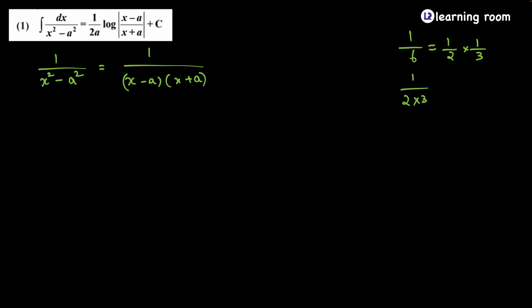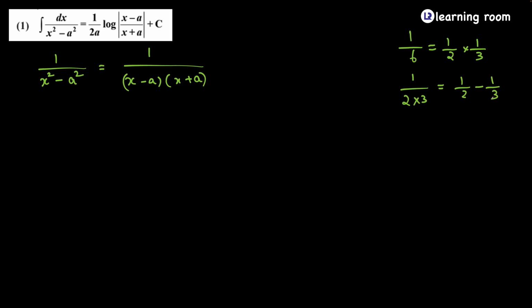And I can split it and write it as the sum or difference of two fractions. 1 by 6 itself is a fraction. In the denominator, I'm splitting the value of 6 into two parts and writing it as 2 into 3. So how can I write this? I will write it as 1 by 2 minus 1 by 3.